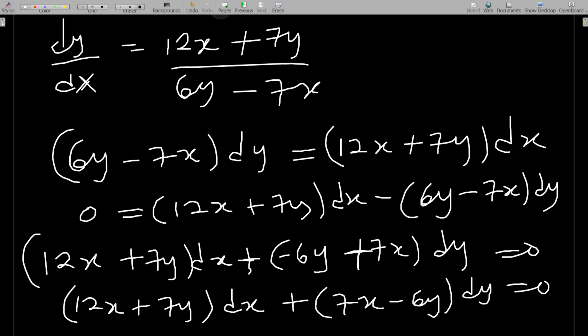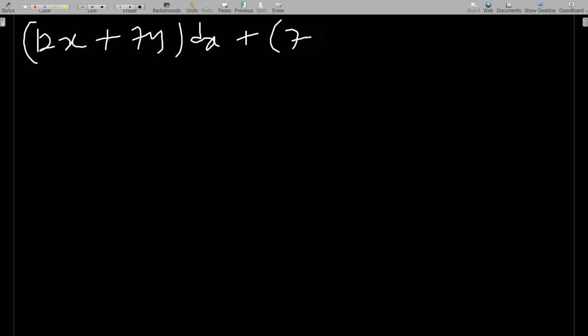Let's quickly write it back and then compare and get our M and then our N. I have (12x + 7y) dx plus (7x - 6y) dy equals 0.